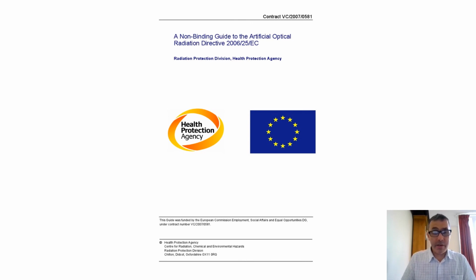This is a very detailed document, with a lot more detail than some of the other documents. There's quite a bit of the physics of lasers, and examples of calculations and things like that. So if you want to get into the science and the very detailed aspects of laser protection, this is a very useful document to access.